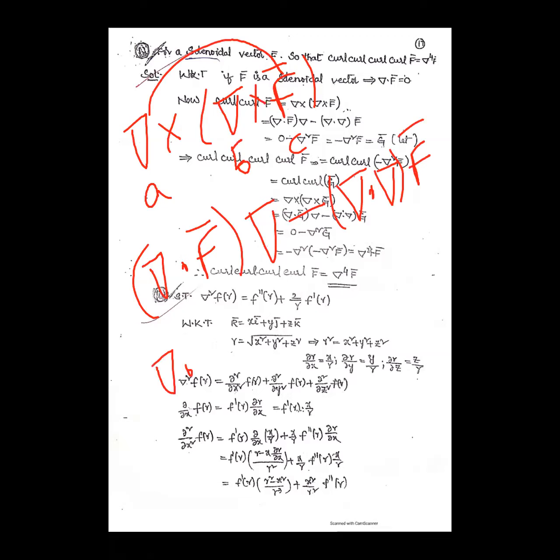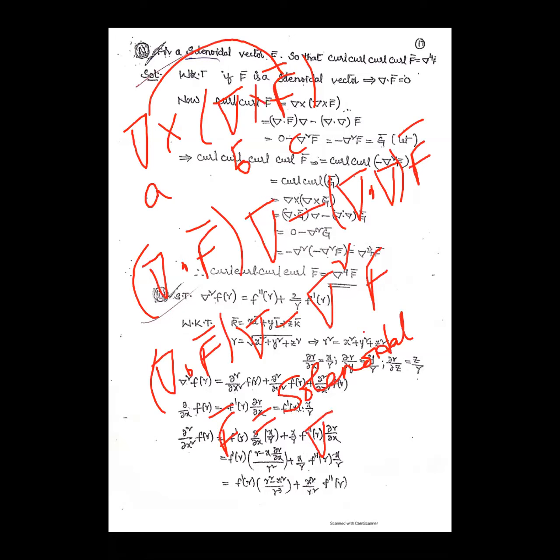So del dot F into del minus del dot del, which equals del square F. We know that the given F is solenoidal. The condition of solenoidal is del dot F equal to 0. In the above equation del dot F is available, so replace del dot F with 0. In the first term, 0 into del equals 0, minus del square F. The resulting value of curl of curl F bar equals minus del square F.